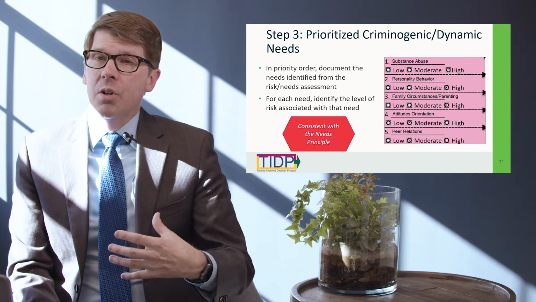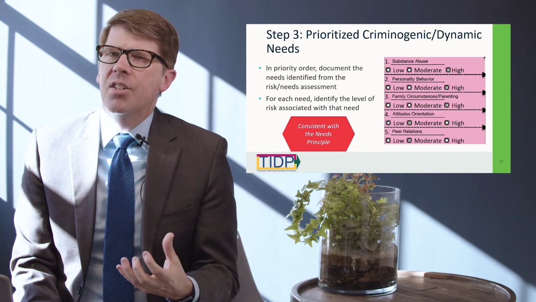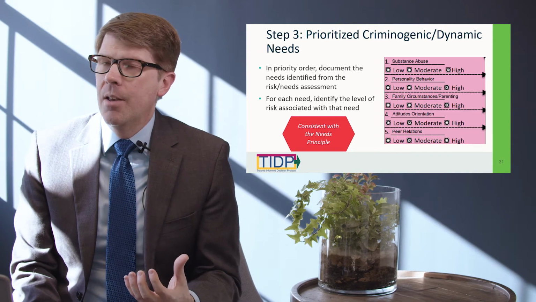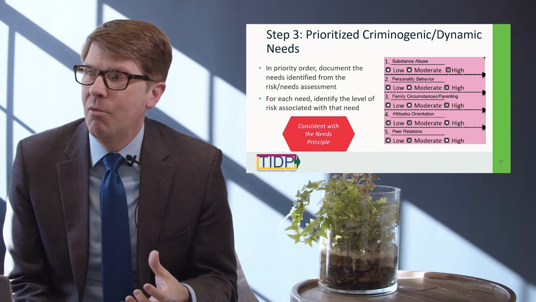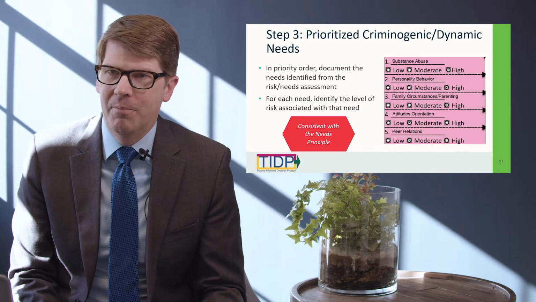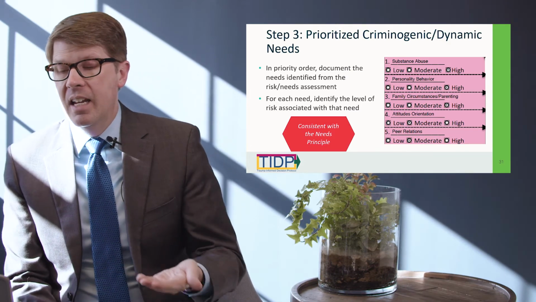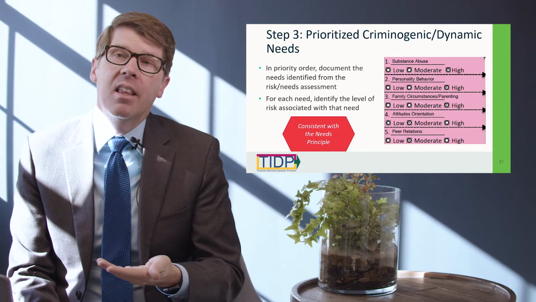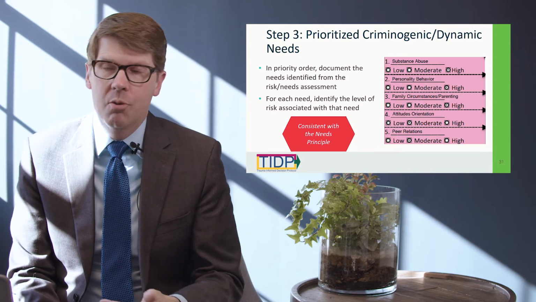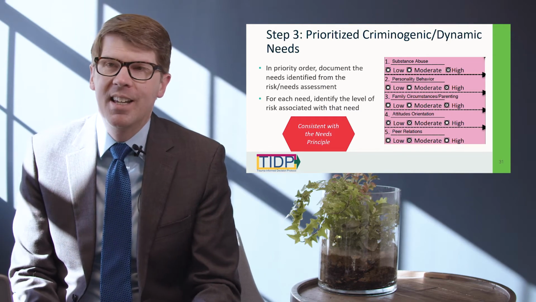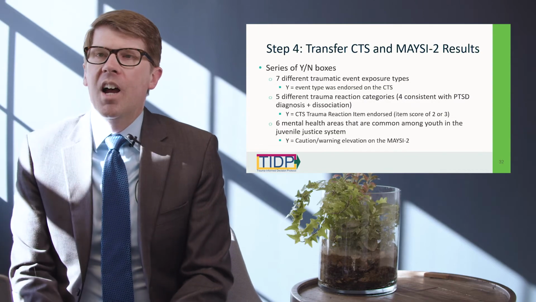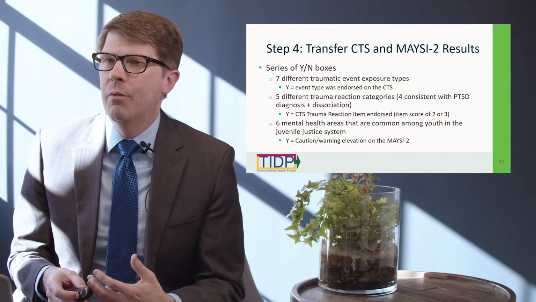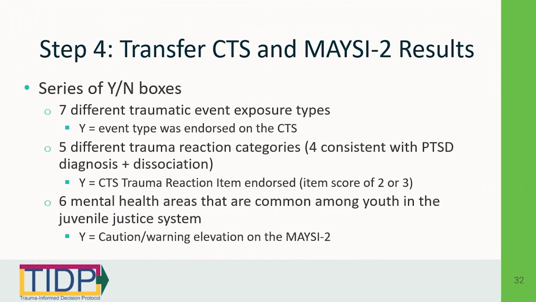The goal here is, of course, to create a working list of the prioritized needs based on how you're conceptualizing and based on your professional discretion. And then to go ahead and indicate the overall risk level associated with those criminogenic needs. And that's step 3.